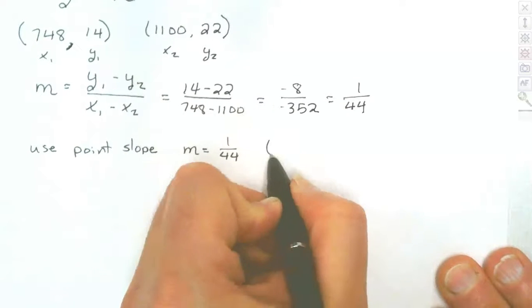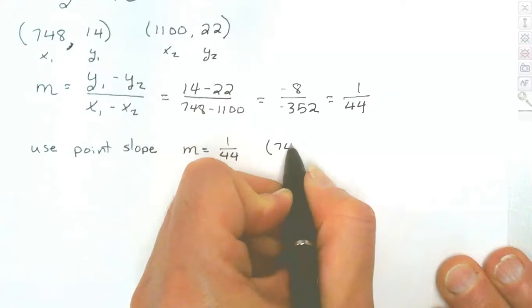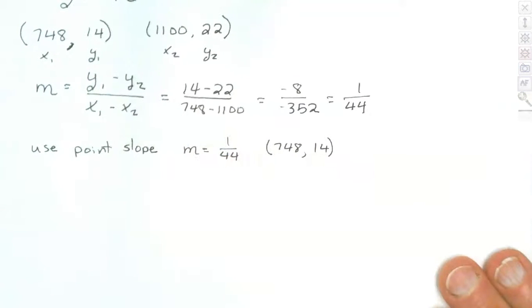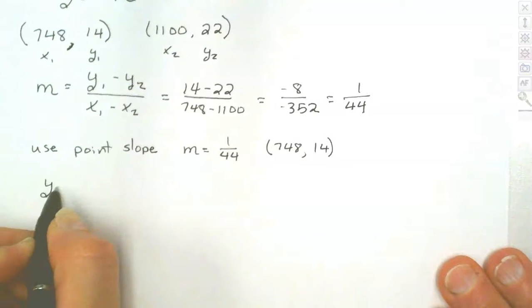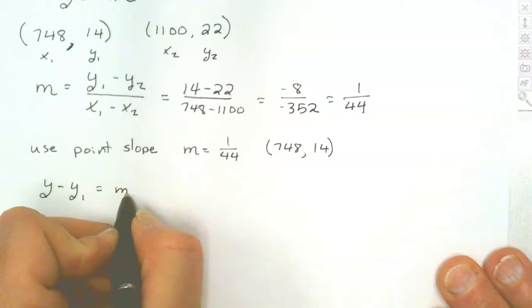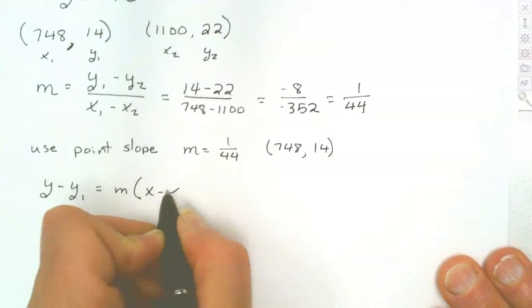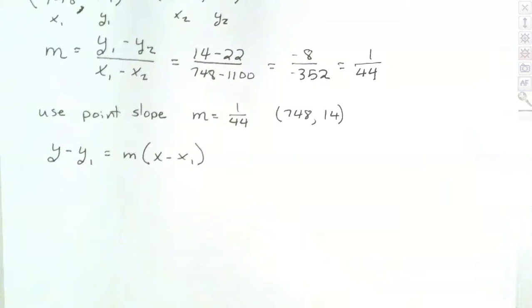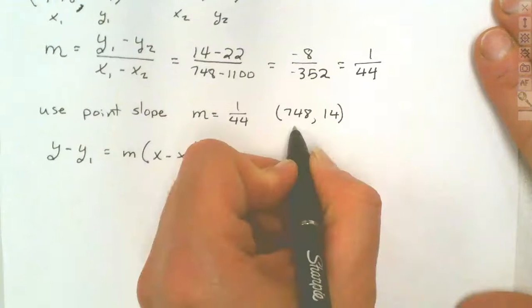And we'll use that ordered pair, 748, comma 14. Our formula is y minus y1 equals m times x minus x1. And now we just plug our values in.